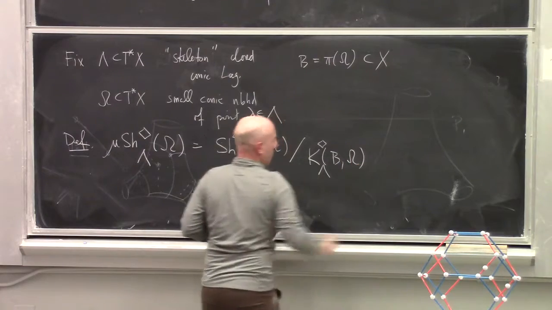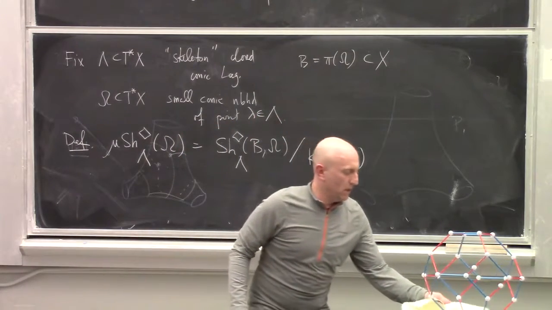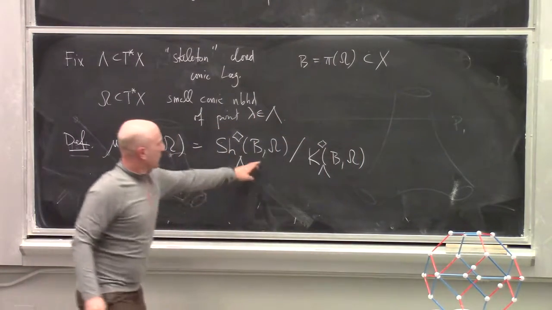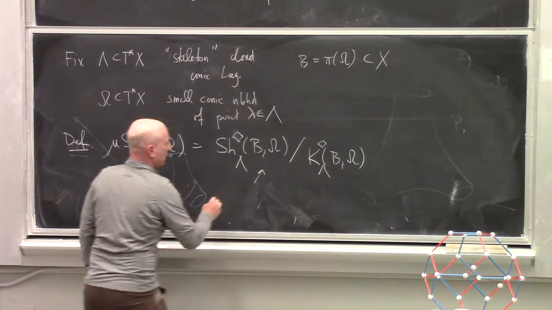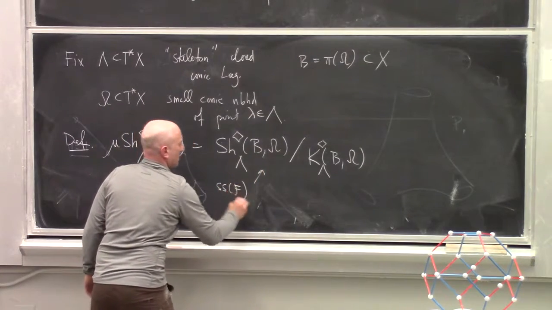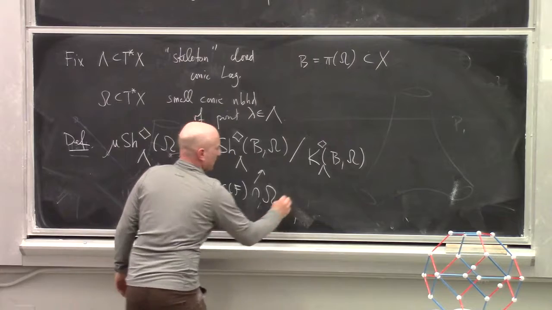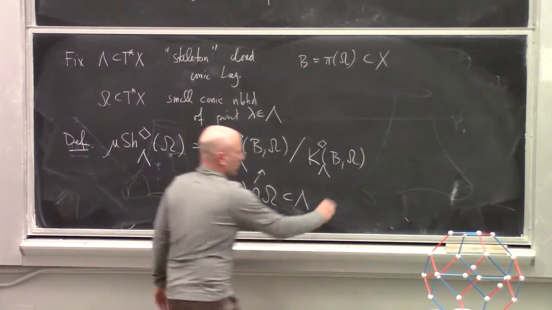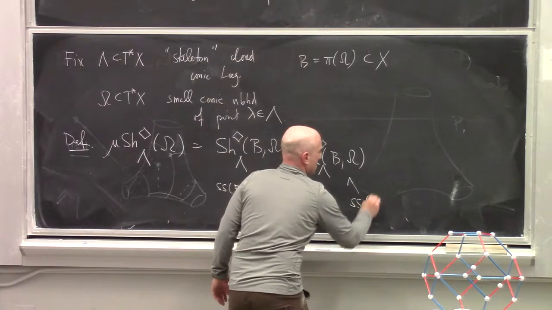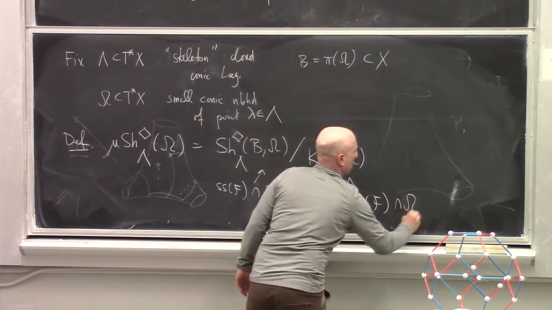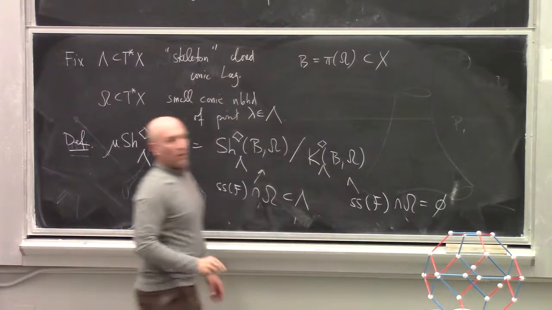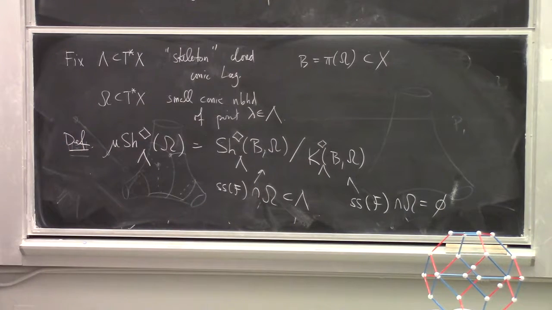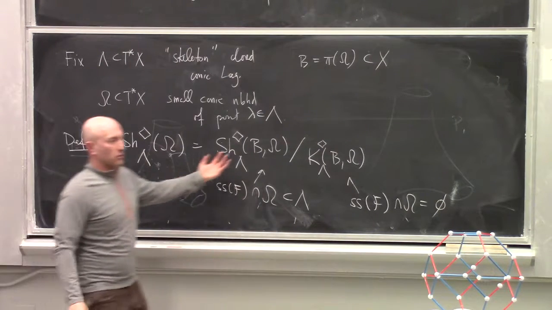So what do I mean? This is going to be the category of sheaves so that the singular support intersection with Omega is inside of Lambda. And these are going to be the ones with no singular support inside Omega. So in other words, I quotient by any sheaves whose singular support misses Omega.